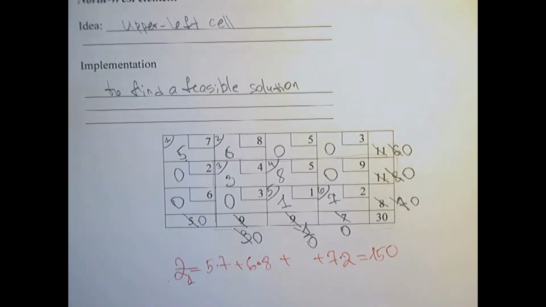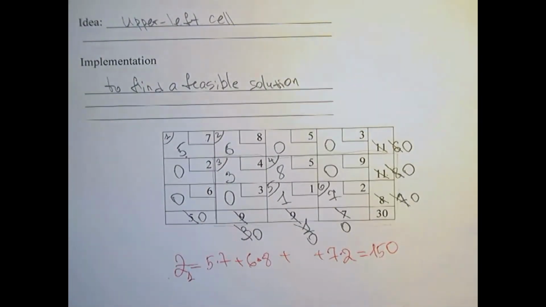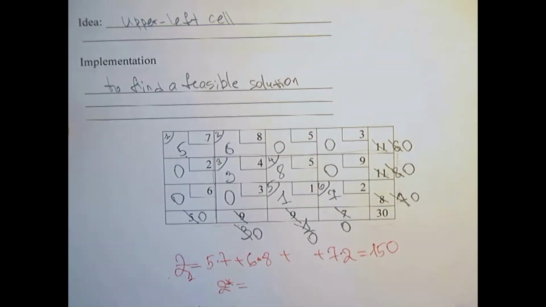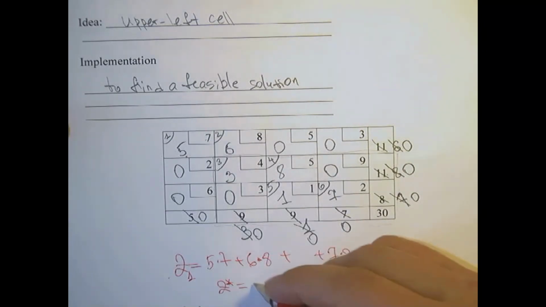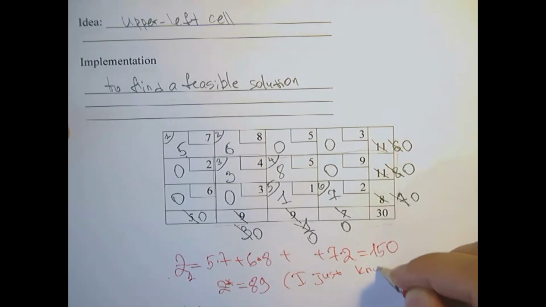I know the optimal solution for this case, and I know the optimal transportation plan, and I know that Z star, the total transportation cost for the optimal transportation plan, is 89. I just know. We may compare that the difference is rather big.